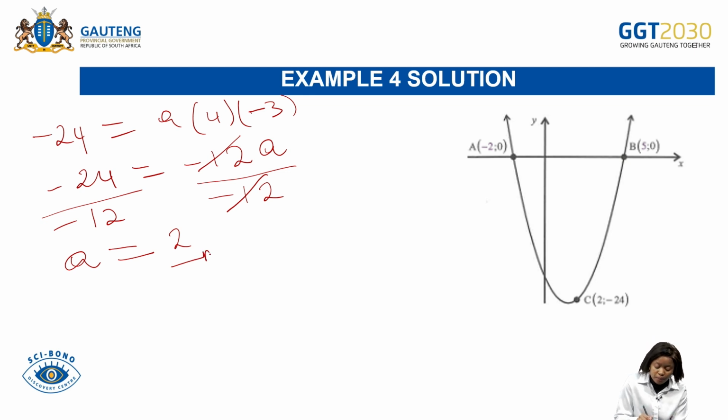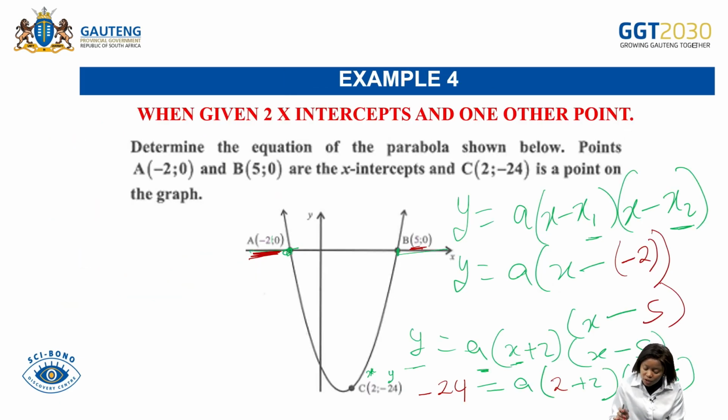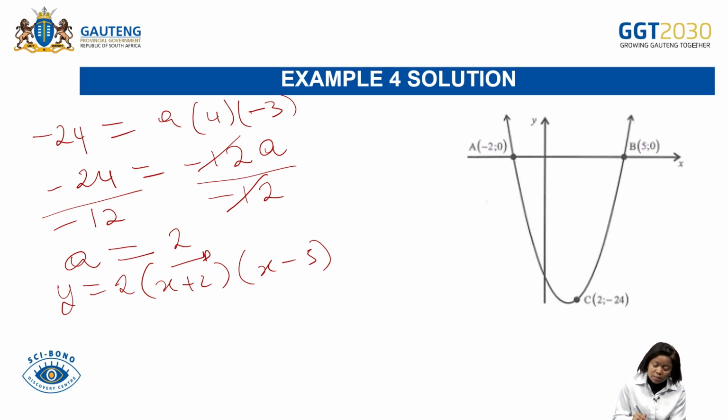So I have the value of a now, so it means I will have y equal to, where there's a, I substitute 2, then it is x plus 2, and it is x minus the 5. Let's just double check. Yes, it's x minus 5. So I can just expand here. So I will have y equal to 2.